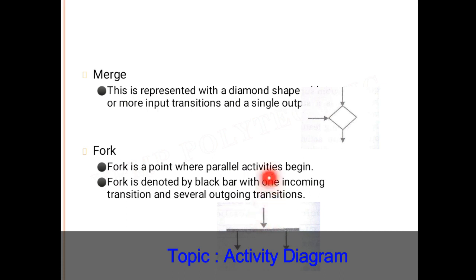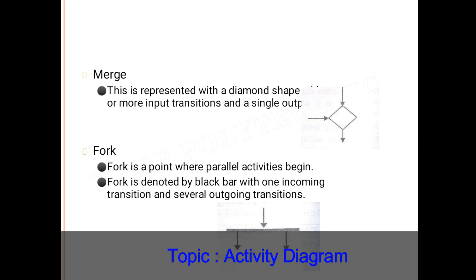So one incoming always and two outgoing transitions with a black bar, and this symbol is known as a fork symbol.